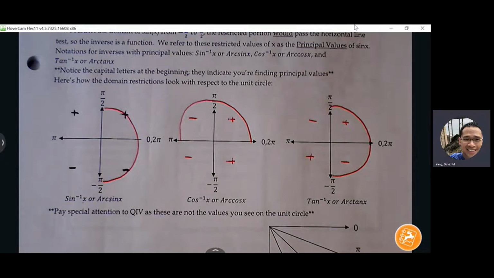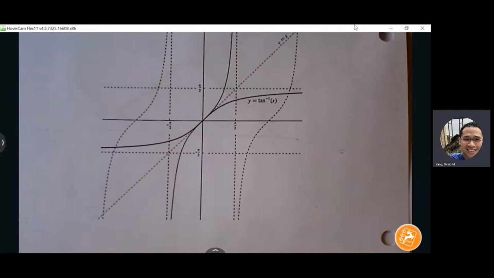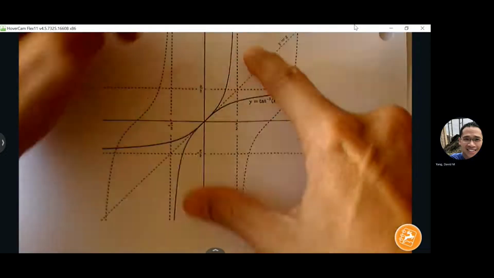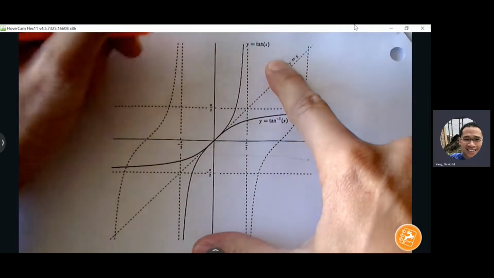Yeah, the reason why is, let me show you with the second handout that you guys got. Okay, so that second page here, this is the sine graph, right? Sorry, tangent graph, tangent graph.